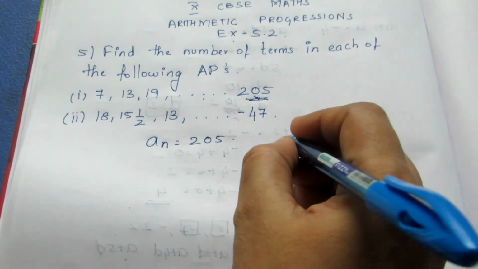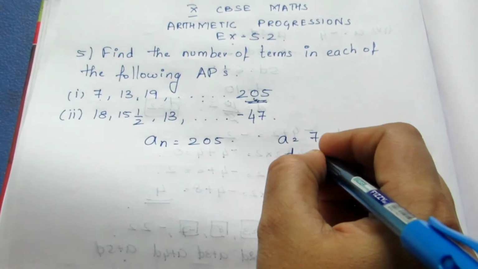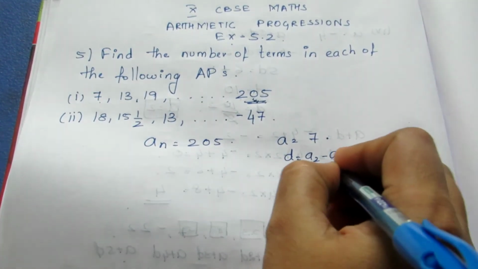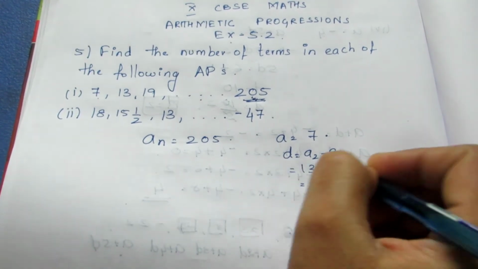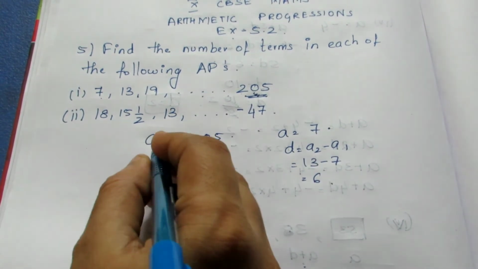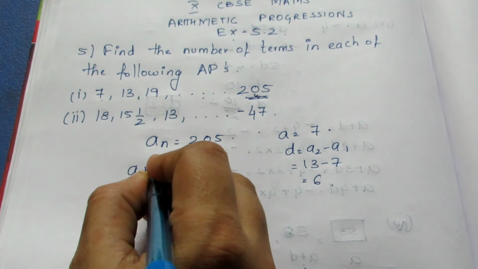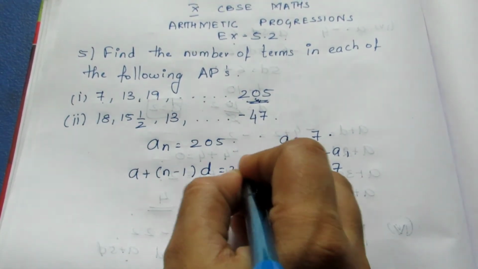We know a for the sum is 7, d equal to a2 minus a1, that is 13 minus 7, which is 6. Now substitute in the formula: an equal to a plus n minus 1 into d, which is equal to 205.